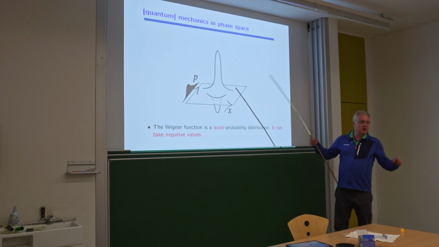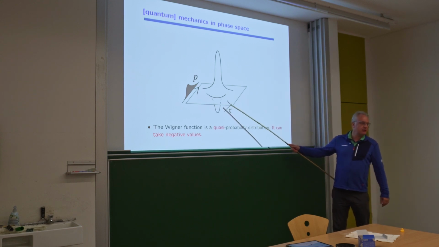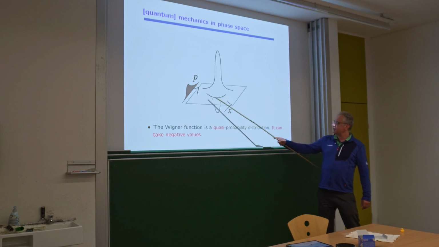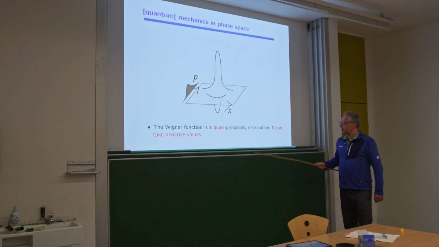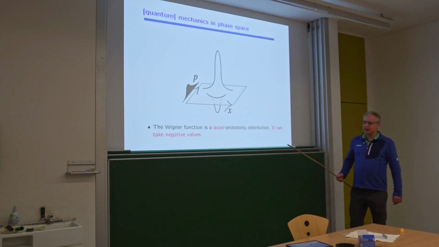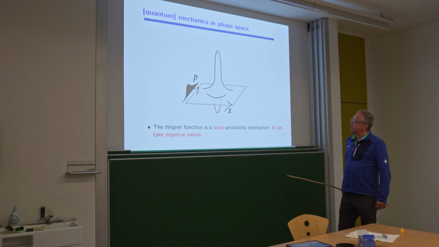If your probability function, in quotes, dips below 0, then there's something wrong with it. The Wigner function is such a function. It does dip below 0, and that's why it's called a quasi-probability. But it has lots of properties that make it otherwise look like a probability function.